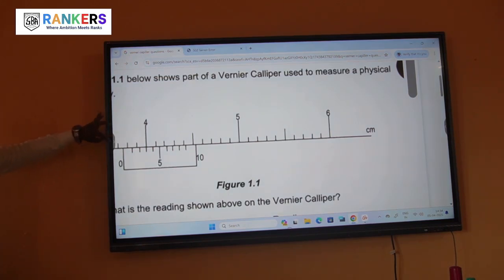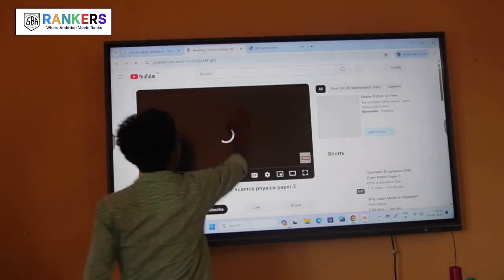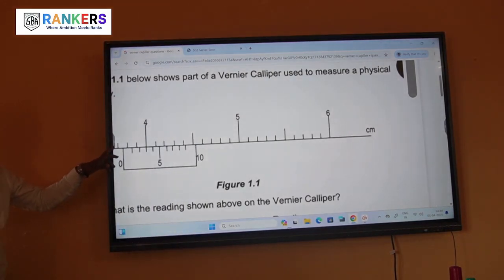So tell me which one is this reading? Anyone? What is the value of this reading? 3 point? 3.7, 3.8, 3.9, then 4.